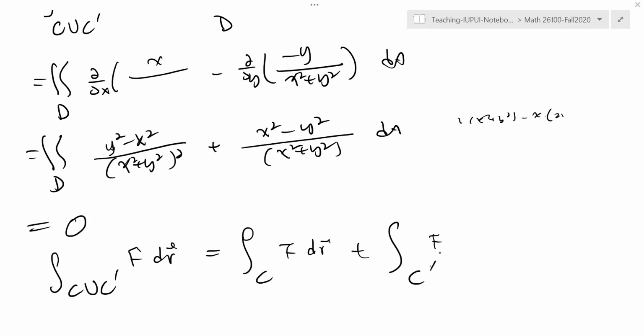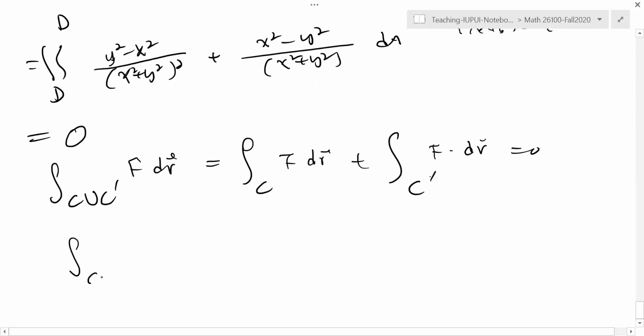The tiny small circle, you can fix it, and you can even evaluate it. I'm pretty sure this is a number independent of epsilon. So our integral is going to be the negative of this small one, clockwise oriented.